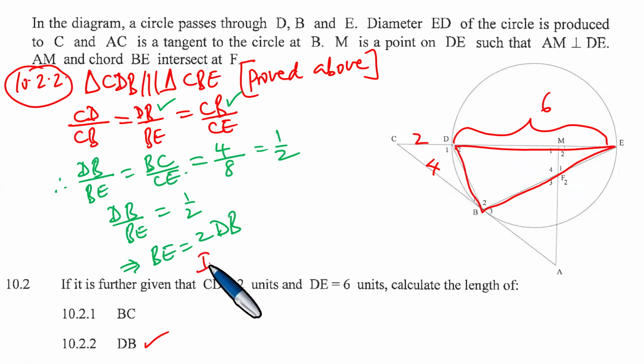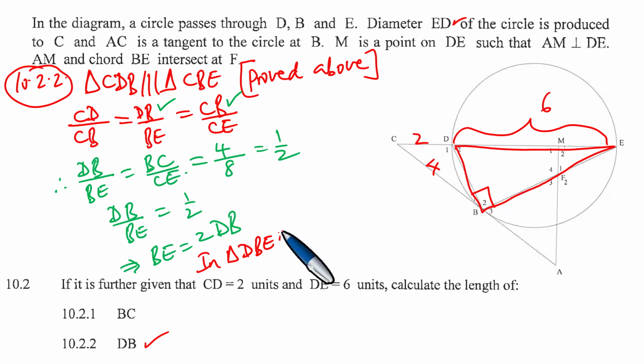We can tell the examiner that in triangle DBE, what do we have? DE is a diameter, so it subtends an angle of 90 degrees there.